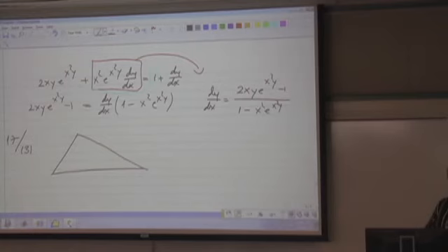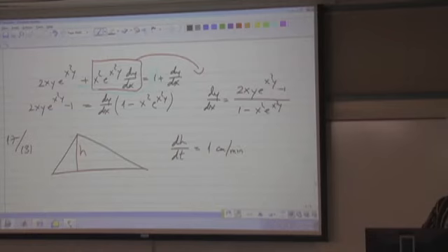So if this is my h, then dh over dt is going to be 1 centimeter per minute.